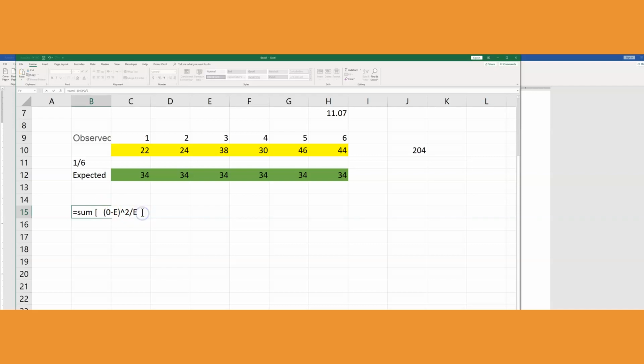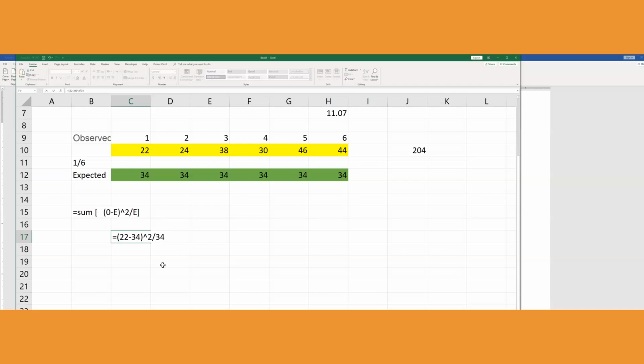So let's go ahead and put those into brackets. I'm going to put a single quote to let Excel leave me alone by treating it as a comment instead of as a formula. So for the first one, we're going to say 22, that's the observed value, minus 34, which is the expected value, raised to the second power, and the whole result divided by the expected value 34.